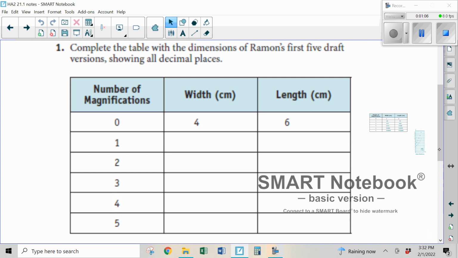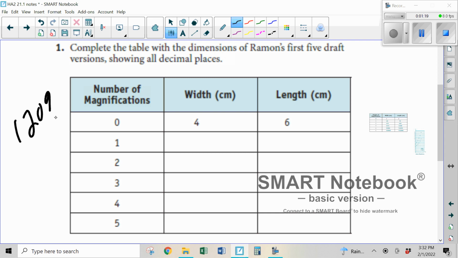So if we start with 4 and we magnify 4 by 120%, in our calculator we type 4 times, remember if I have 120%, if I move that decimal twice, that's 1.2, so multiplying by 1.2, I get 4.8.